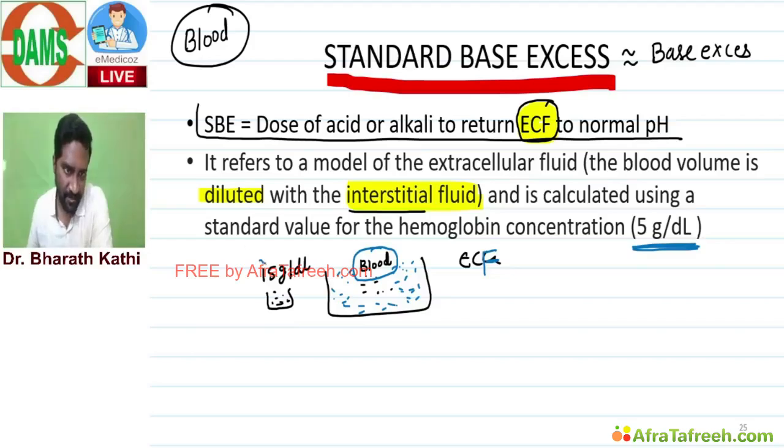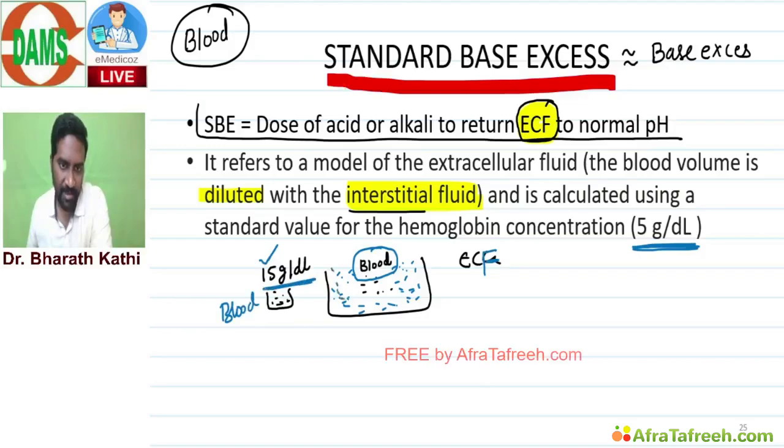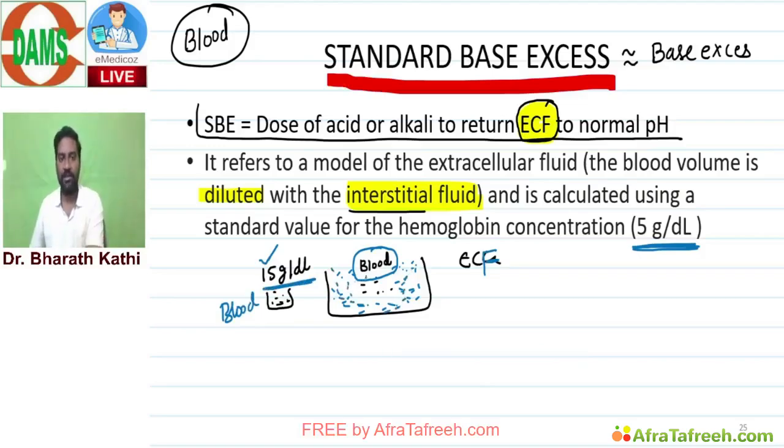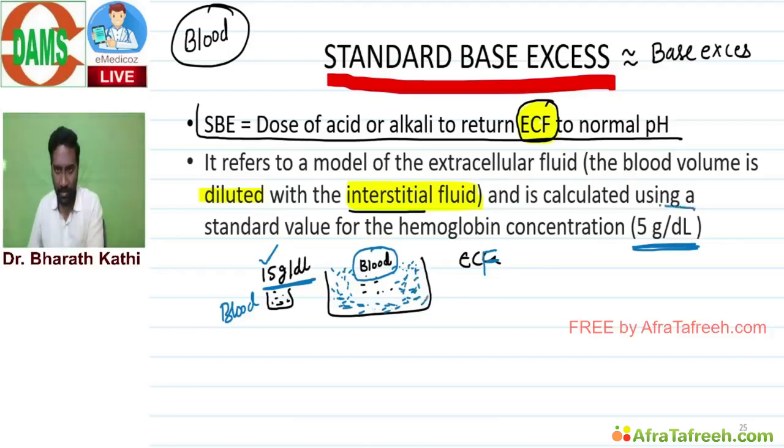Previously this was the volume of the compartment called blood, and hemoglobin was taken as 15 gram. Now within the blood we are also taking the extra fluid, interstitial fluid. What happens to the hemoglobin value here? It becomes diluted because you have added the other component of ECF, interstitial fluid. Now we have to calculate base excess at a hemoglobin of 5 gram per deciliter.